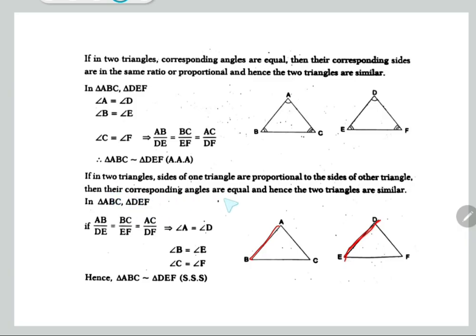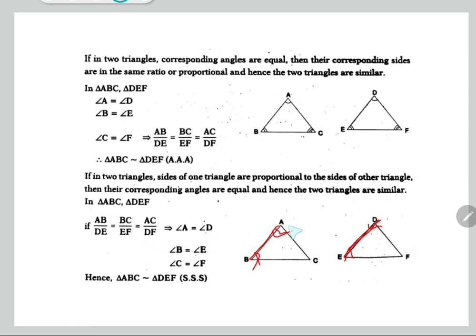Then their corresponding angles, A and D, B and E, are equal, and hence the two triangles are similar.